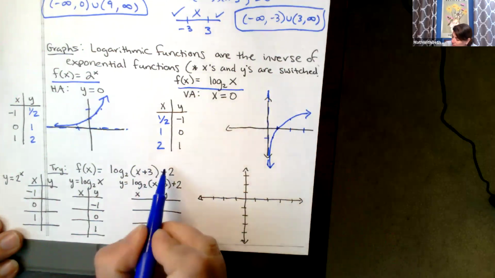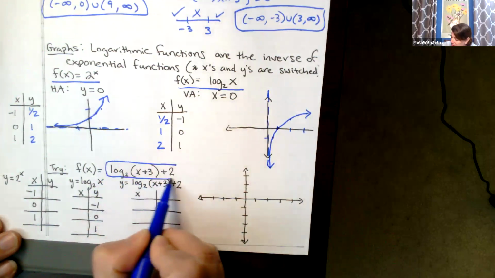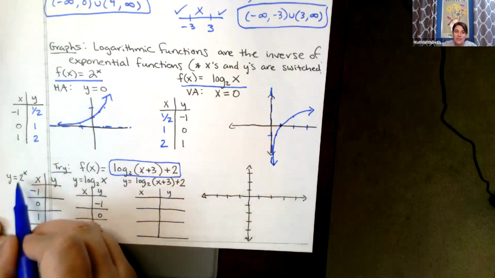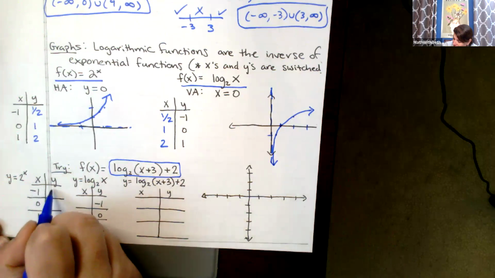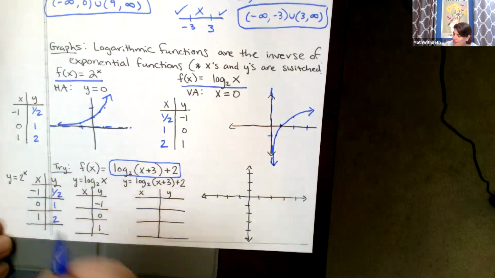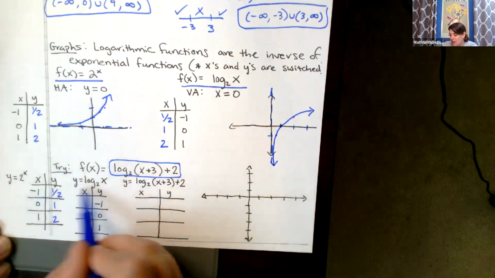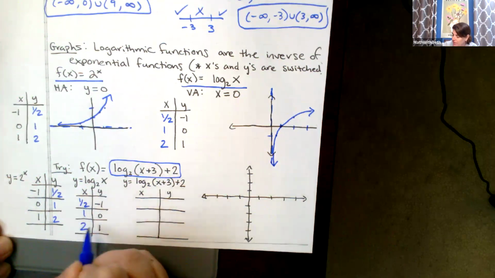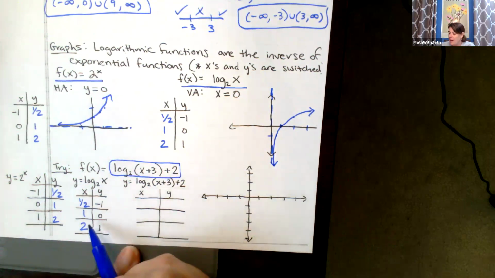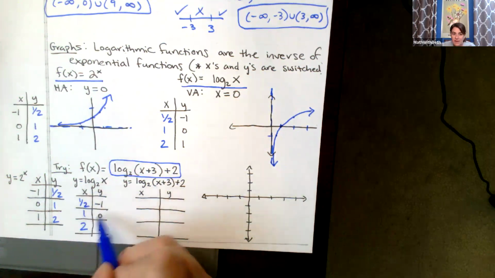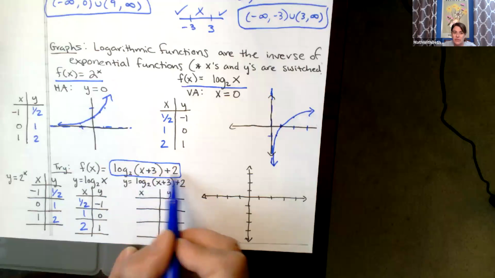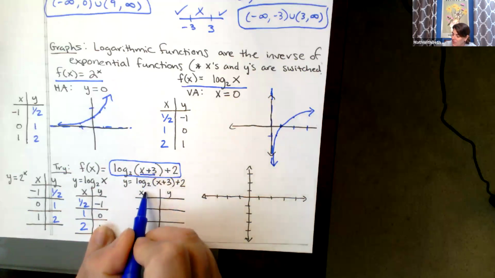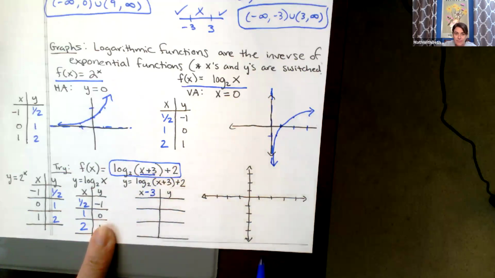So if I was told to graph this, I'm first going to think about 2 to the x. So we just did that, so easy. I'm now going to think about the log with base 2 and the fact that it's just flipped all the x's and y's. And so now what would I have to do to this to deal with these transformations? Well, the +3 inside, I'm going to do the opposite.